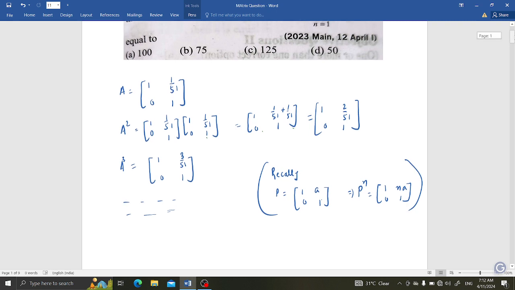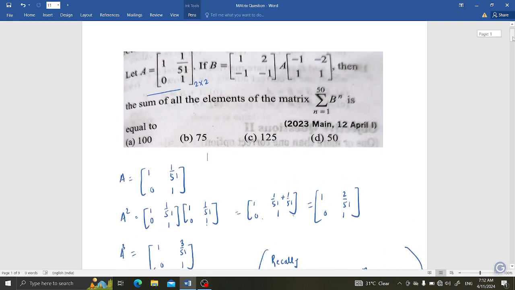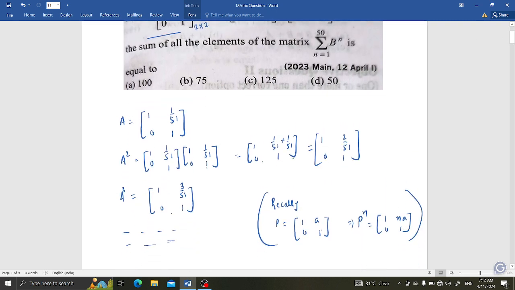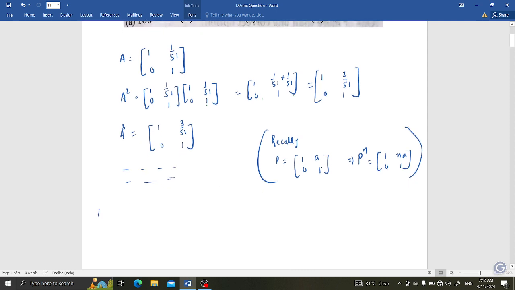Now we have B. What is our B actually? Our B is the bracket 1, 2, minus 1, minus 1, this is your A, and here we have another one, minus 1, minus 2, 1, 1.